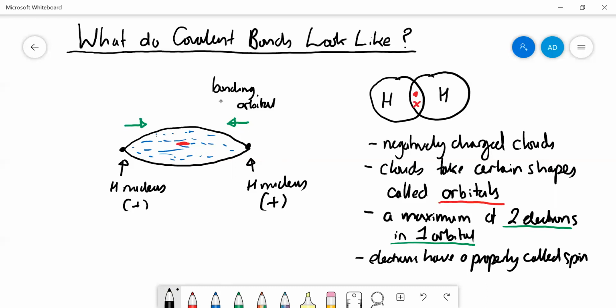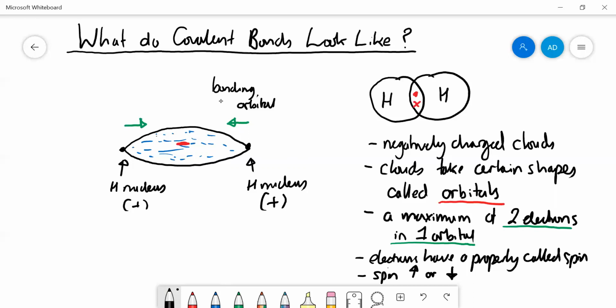It's a quantum mechanical property, but it's analogous to the electron spinning, but it's not the electron spinning. And this can have 2 values. Spin can be either up or down. And for 2 electrons to occupy the same orbital, they've got to have opposite spins. We'll talk a bit more about electron spins later, but that's how you can fit 2 in the orbital. Okay, so all very well for hydrogen then.